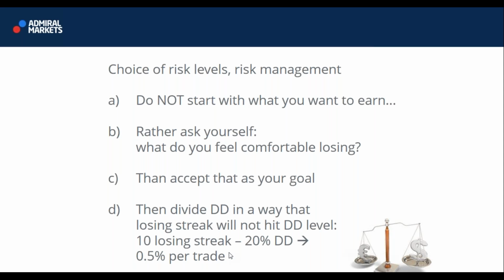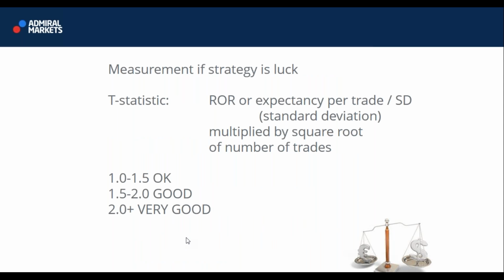So that's also how you can calculate what risk you can take per trade. Rather than starting with the risk per trade, you can say, this is my typical losing streak maximum, this is the drawdown maximum, and then calculate what the risk is per trade. Try to be a little bit careful with the losing streak, not too optimistic there.